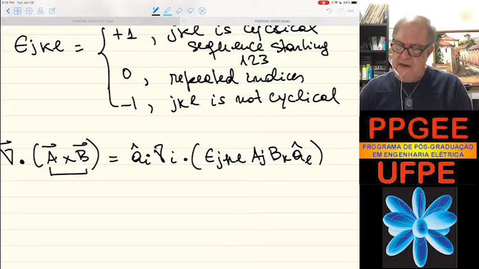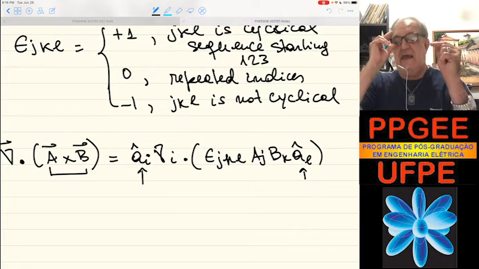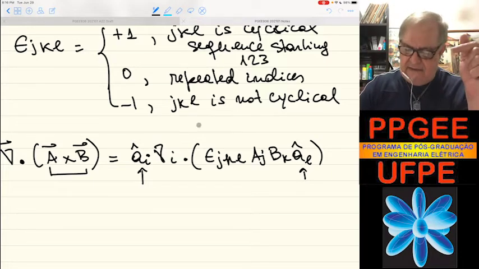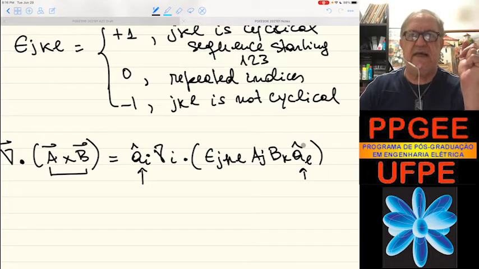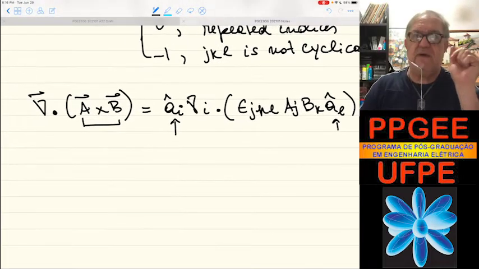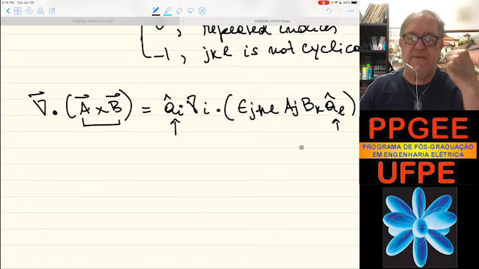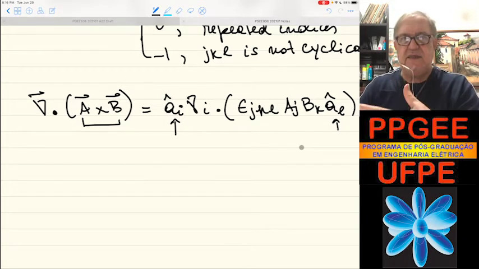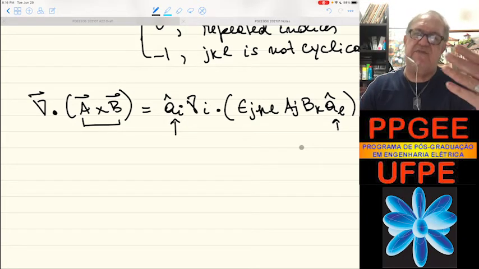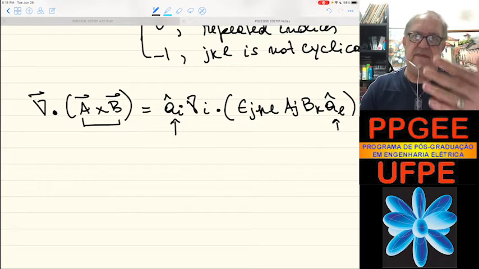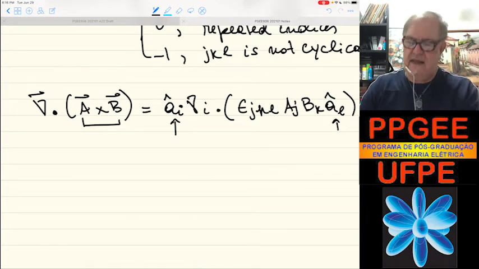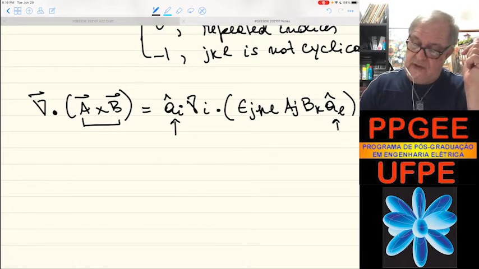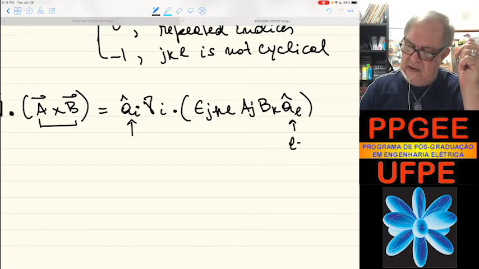But l has to be equal to i in rectangular coordinates. Notice that if I don't use rectangular coordinates, I have to take derivatives of the versors as well. So I'm going to use rectangular coordinates to avoid that complication. If I demonstrate this chain rule in Cartesian coordinates, it's going to be valid in any coordinate system.